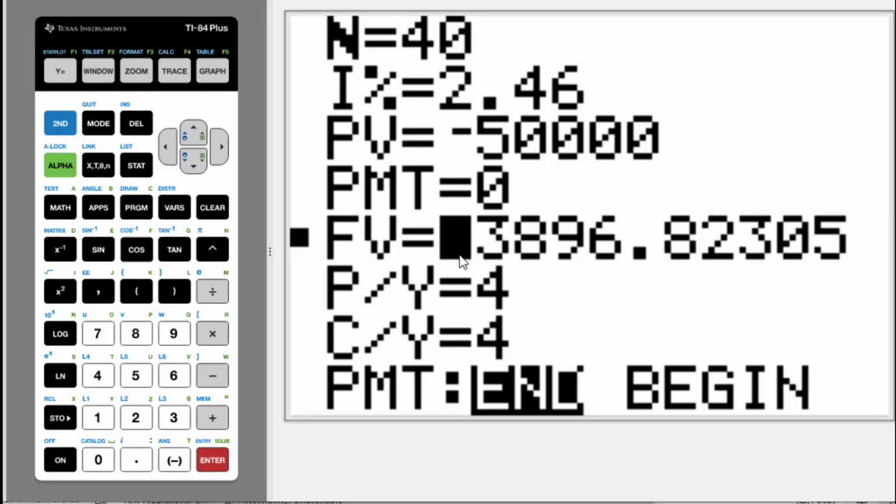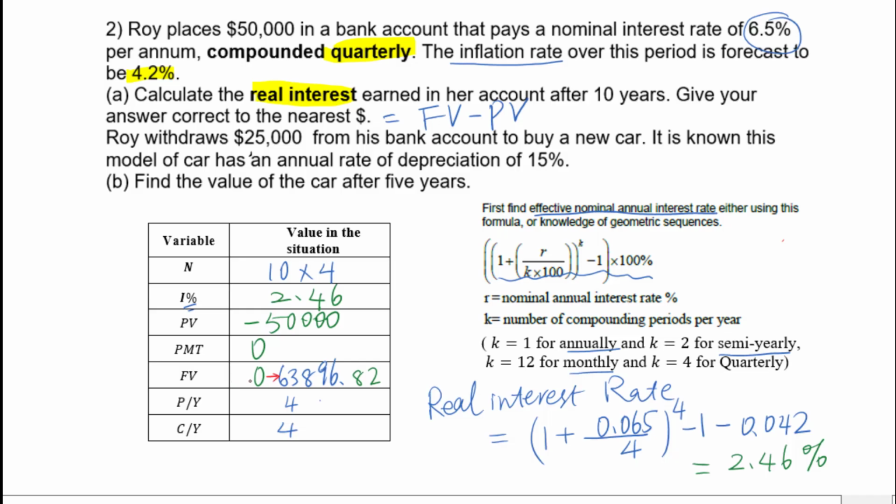The answer will be 63,896.82305. So the future value will be $63,896.82. Then the real interest will be $13,897.